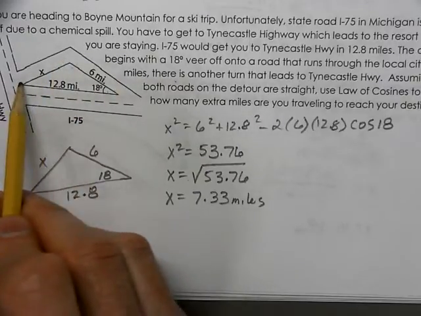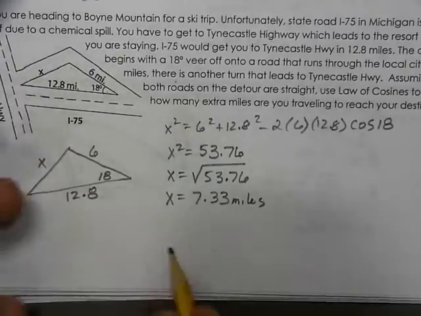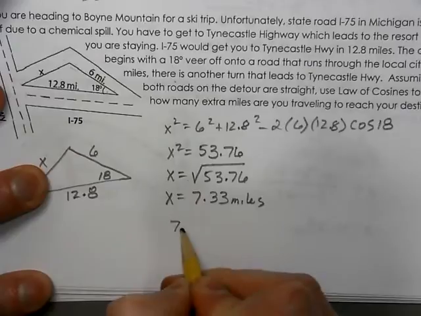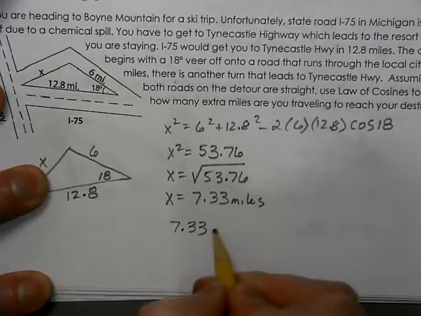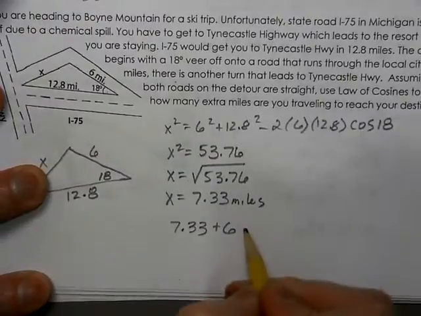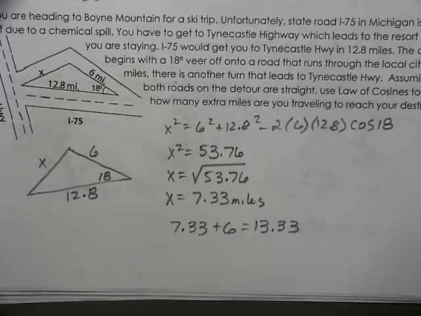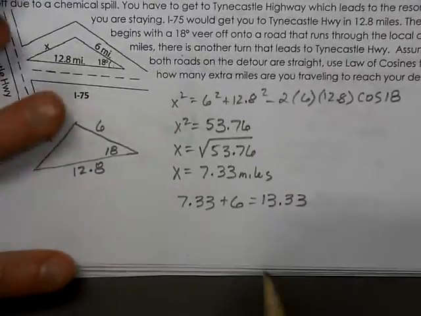So 6 and 7.33, we need to figure out how many extra miles we're going. So we have 7.33 and the 6, that's the new route that we're driving. That's going to come out to be 13.33.